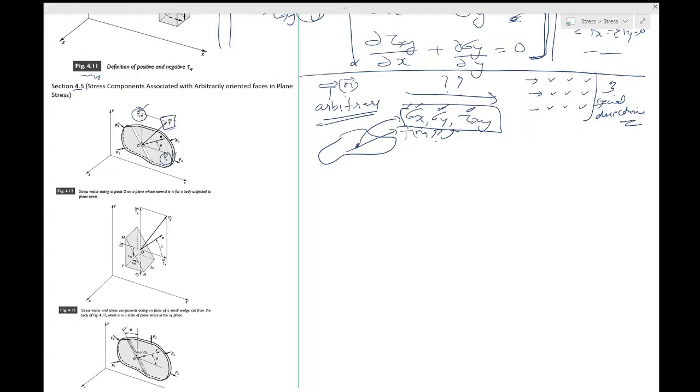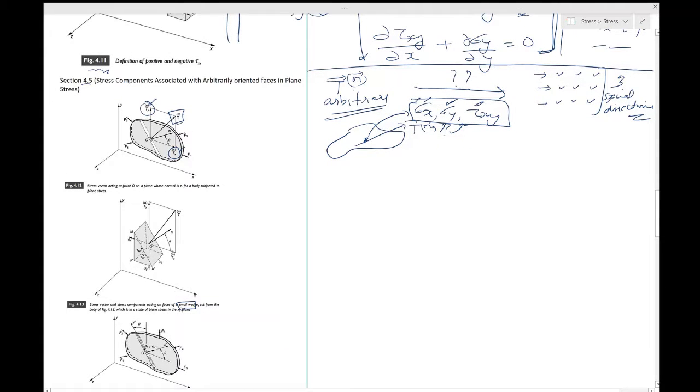So the point O is again, we have considered a small wedge. We have a small wedge which we have cut out from this figure, and the point O is over here.